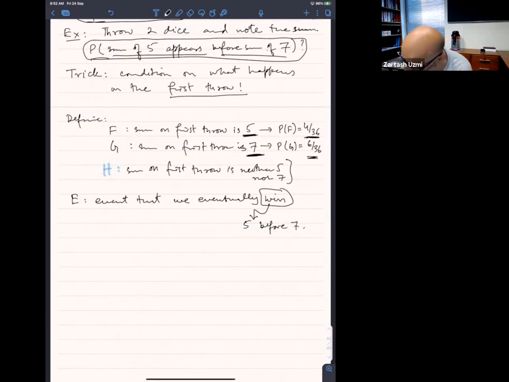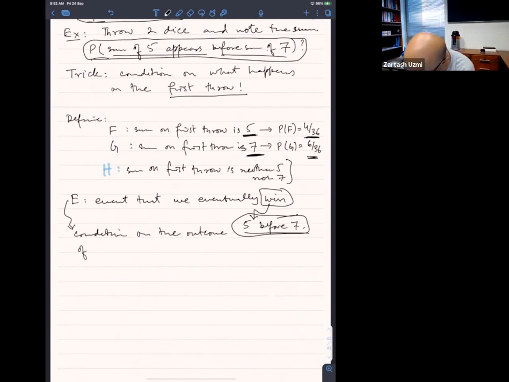So basically I am looking for the probability of win, and win is 5 appearing before 7. We call this win; you can call it lose, no problem. But really you define this event as 5 before 7. So eventually you will get 5 before 7. Eventually you will win. So the probability of E can be found by conditioning on the outcome.